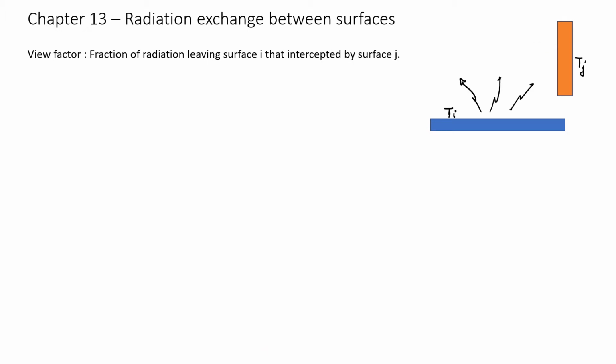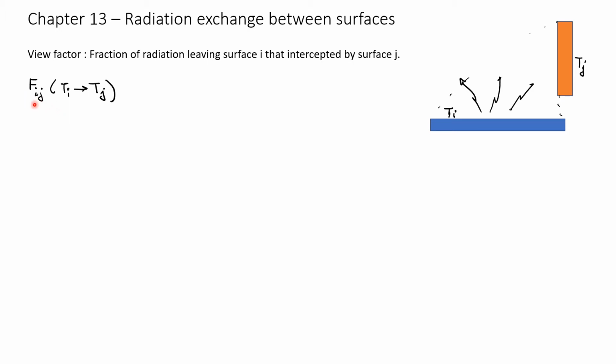So if this was surface Ti, how much of it is viewed from surface Ti, and the amount of radiation that is intercepted will be proportional to that fraction. It's usually represented by F of I comma J.